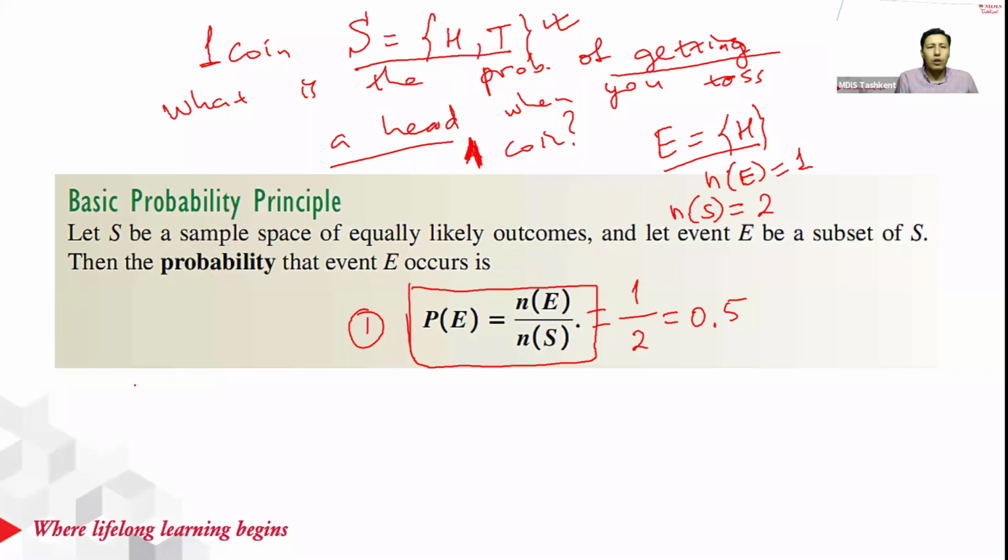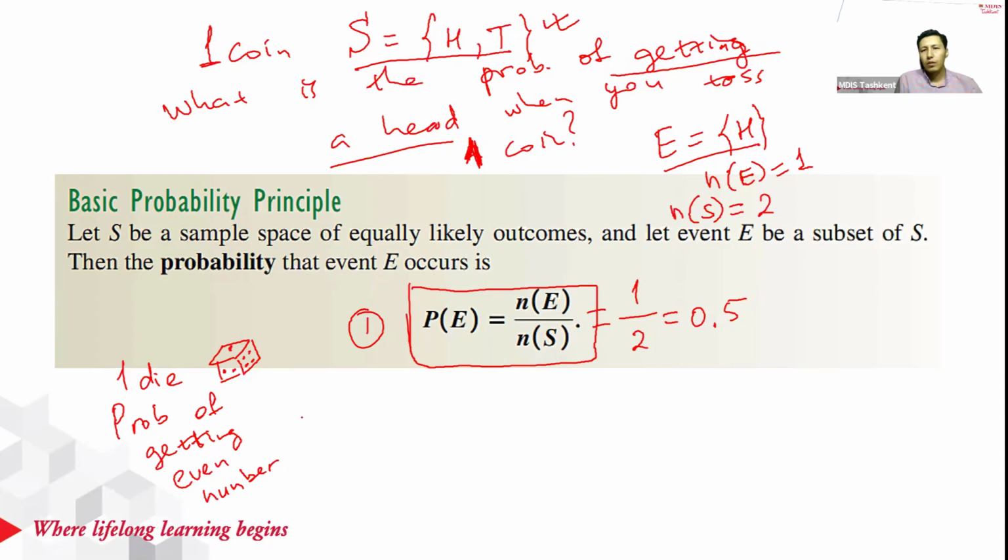Okay, next one. One die. Probability of getting, let's say, an even number. You toss a die.